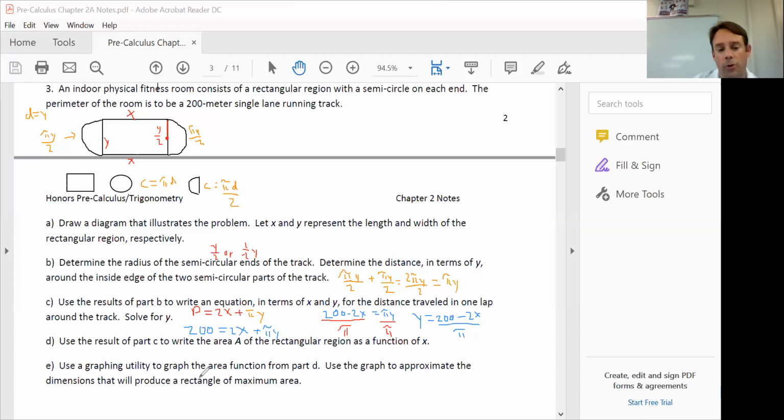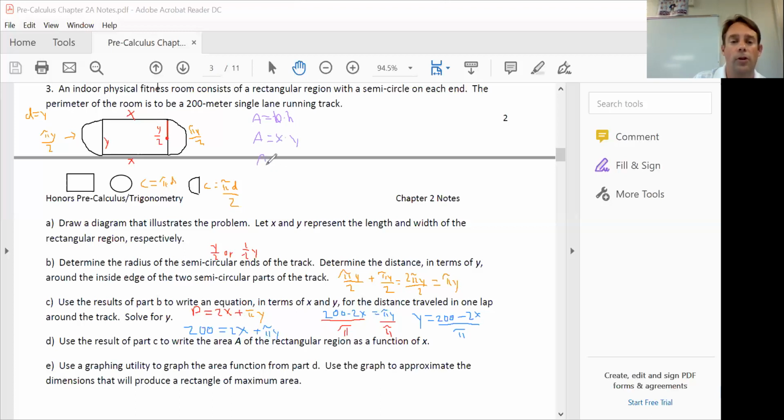So let's use the result of part C to write the area A of the rectangular region as a function of x. So that inside rectangle, area of a rectangle would be base times height. Our base on this particular rectangle is x, and our height is y.